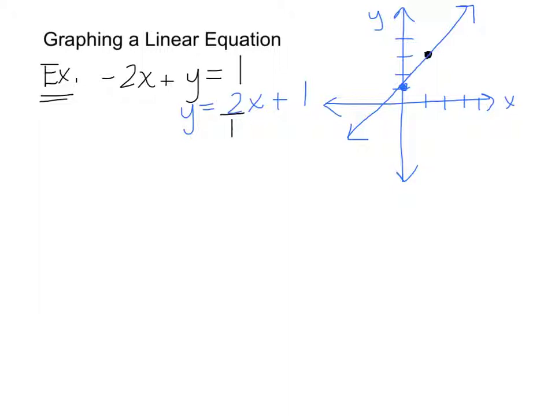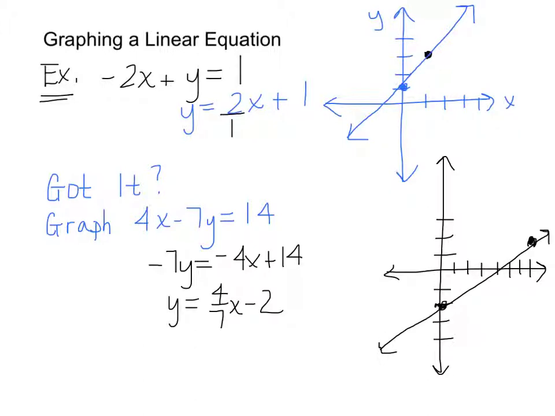So you're going to try one. Okay, here's your equation to graph. Try this, pause the video, and then we'll compare answers. Okay, I want to suggest it may be easier if you have graph paper when you're graphing linear equations. It makes it easier when you're doing the lines.